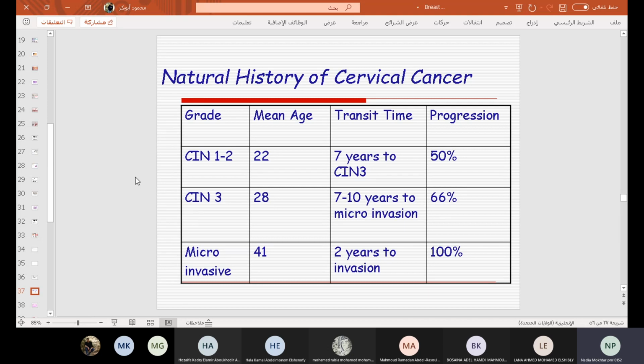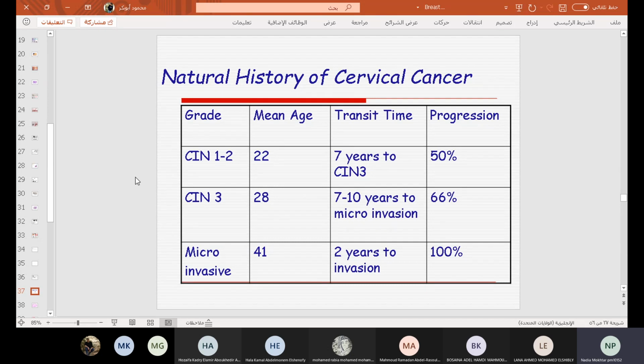Cervical intraepithelial neoplasia is graded into grade 1, 2, and 3. For each stage, it takes many years for the lesion to progress from one stage to the other. CIN 1 and 2, the lady will be around 22 years, sometimes younger.